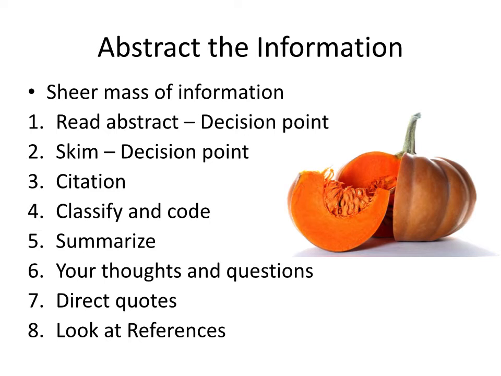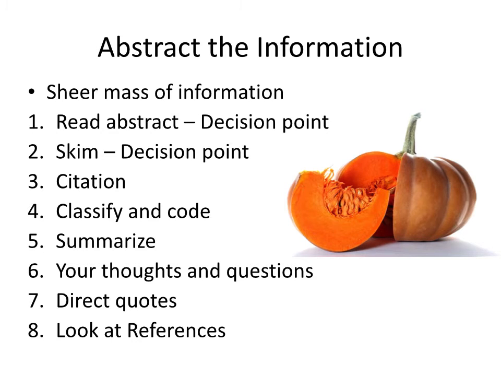Always capture the complete citation. It is so frustrating to remember an article and then have to go back and try and find it. So capture the citation. Classify and code every article that you find as you're doing a full search. And I'm going to talk to you in a minute about this and some suggestions for doing this. You need to find a way to organize your information so that you can find what you need and go back to it.